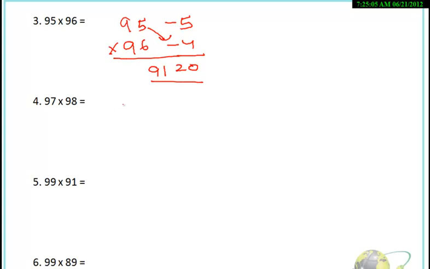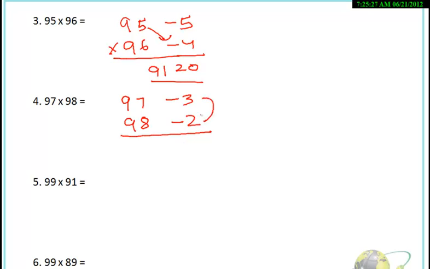Similarly, 97 into 98. It is minus 3 from 100 and it is minus 2 from 100. Now 3 2s are 6. But as we have already discussed, from this multiplication we have to fill up two digits since we are taking the base as 100, and there are two zeros in 100.